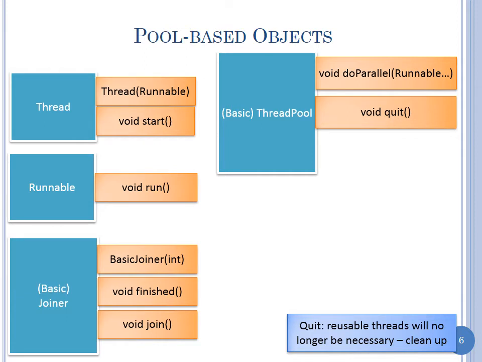So what do we have? We have the thread that's given to us. We have runnable. And we have the joiner interface, and we're assuming there's a basic joiner class. And we'll also add to do parallel a quit method, which allows us to just quit. When we're quitting, we want some cleanup to be done.